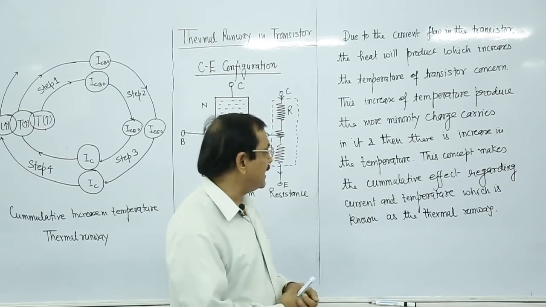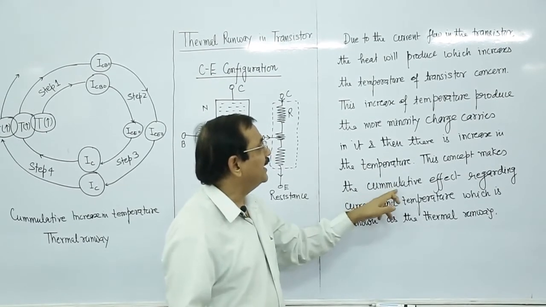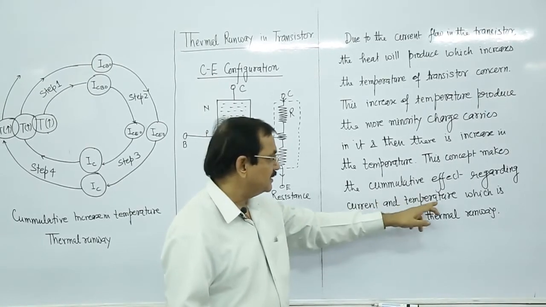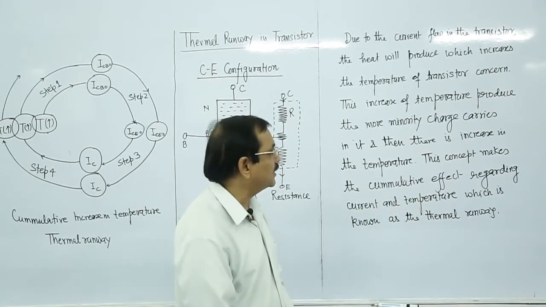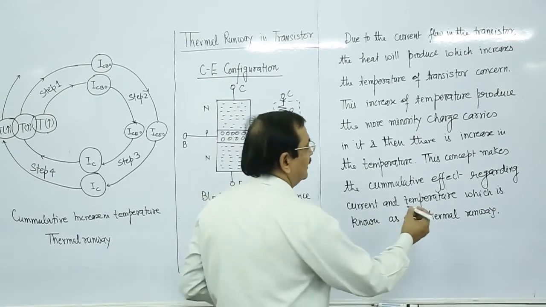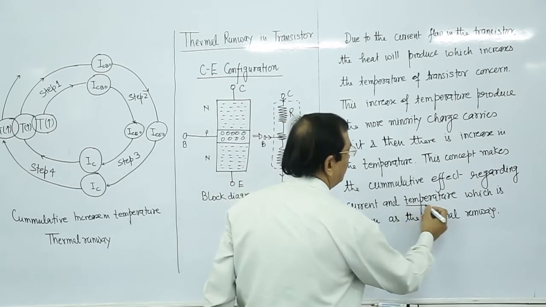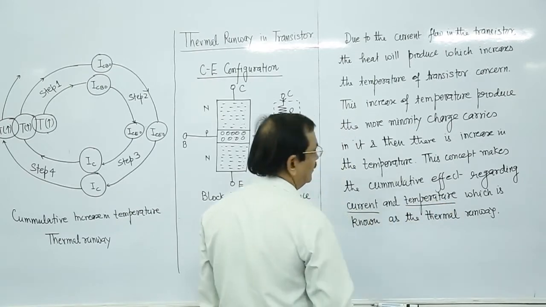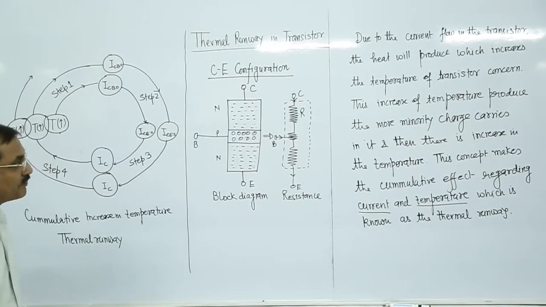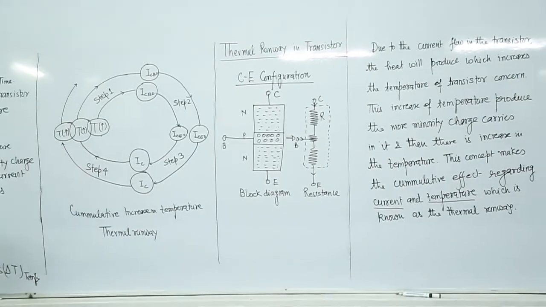This concept makes the cumulative effect regarding current and temperature, which is known as thermal runaway. It means there is an effect of temperature and current on the transistor.